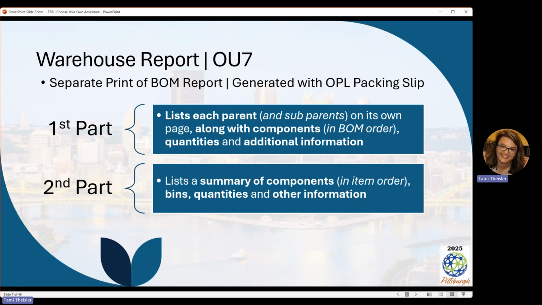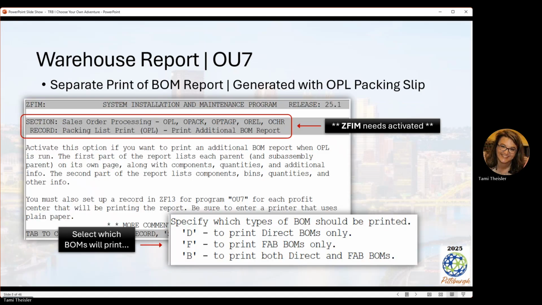So if you've got multiple bill of materials that are pulling some of the same components, that second part becomes a listing to help you pull those components to bring out into those projects, those builds. There is a ZIFM option, and this ZIFM option has to be activated for you to get this OU7 to print. It is generated, like I mentioned, with your packing slips.